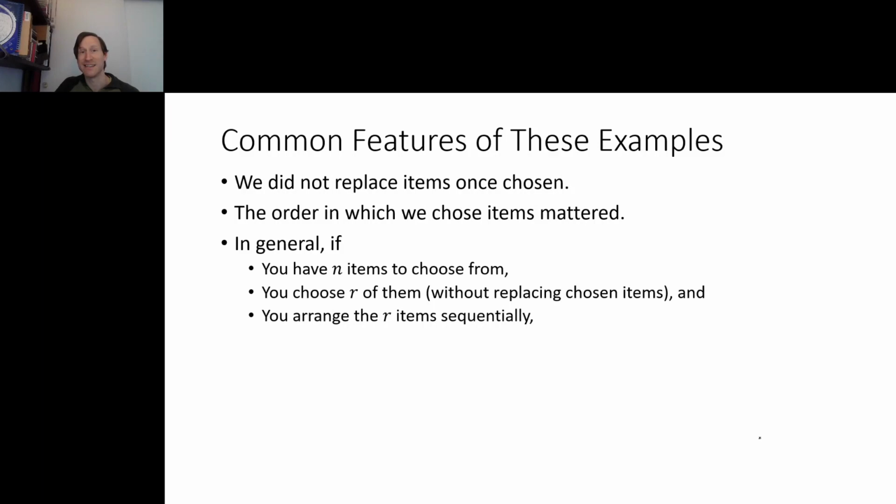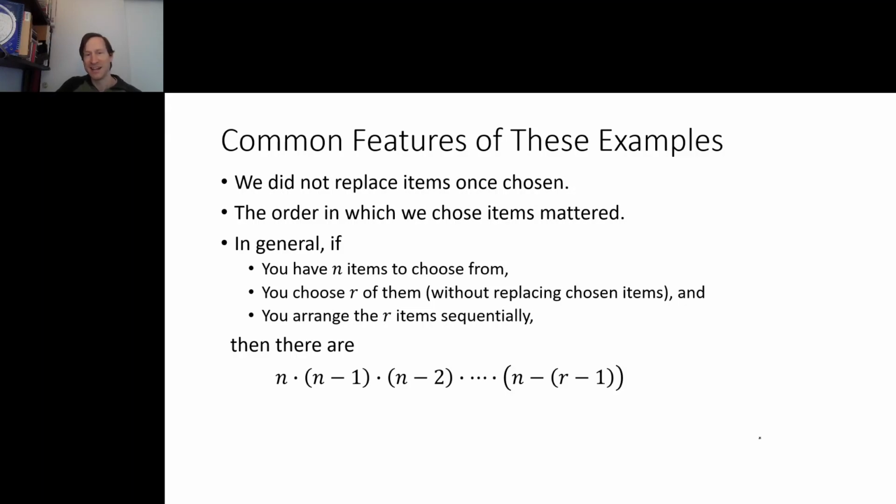If you look back at the examples on the previous slide, all of them were of this type of situation. In this situation, the total number of ways of making your choices is n times n minus 1 times n minus 2, all the way down to n minus r minus 1, or sometimes you'll see this written n minus r plus 1.